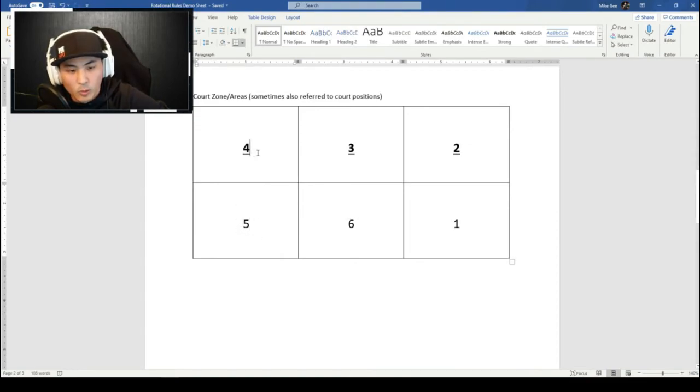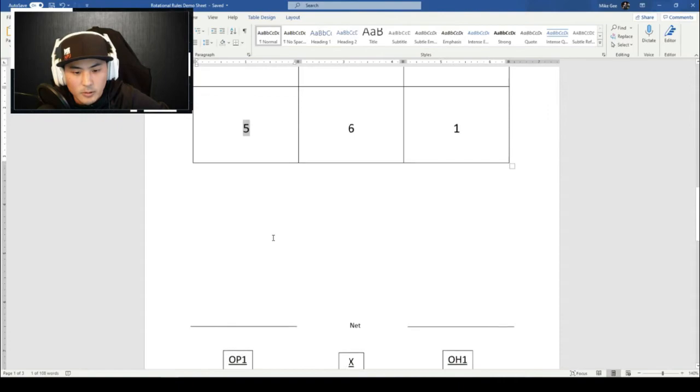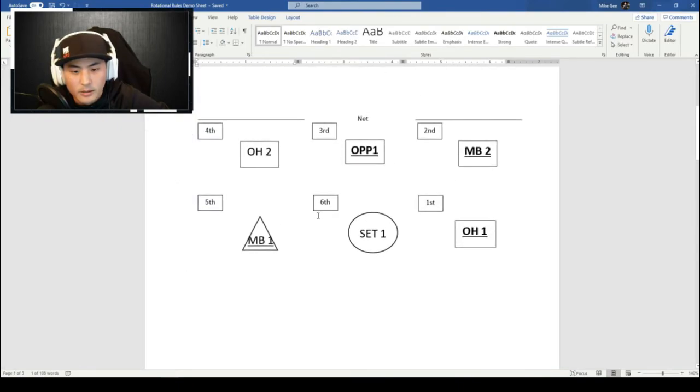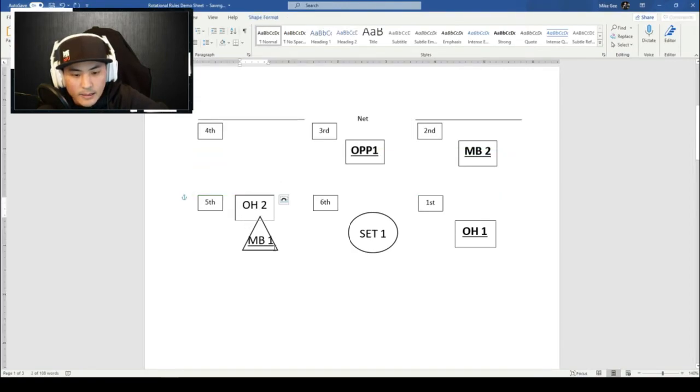For the left front and left back, or zone 4 and zone 5, again, it's just easy to think that whoever is standing in zone 4 or whoever is fourth in line to serve, you must stand closer to the net than your teammate who is fifth in line to serve or who is the player in zone 5. What we want them to understand is that when the fourth in line to serve drops back to pass, the player who's fifth in line to serve can move over to make room, and now we have two passers.